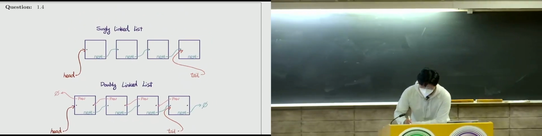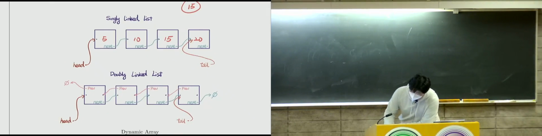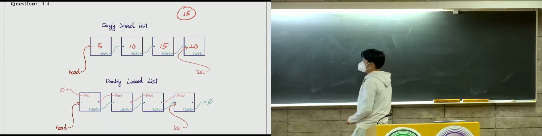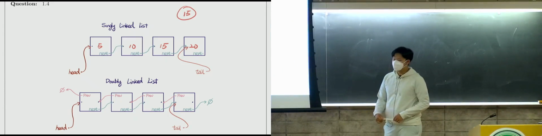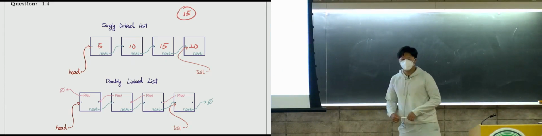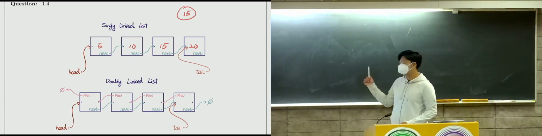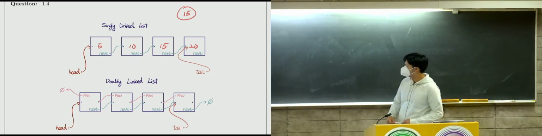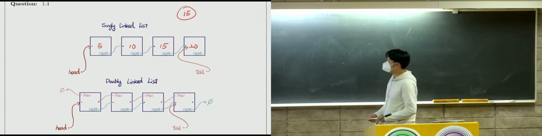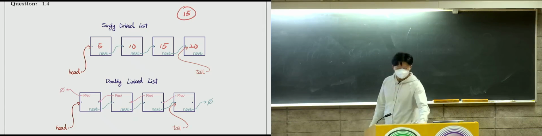Let me put some numbers in here. Okay, let's say I want to find 15 in a singly linked list. What is the time complexity of doing so? Or a random element? Right now the data is sorted. I know the last example was sorted too, but right now I can tell you that my list is sorted. What is the time complexity of searching a specific element?